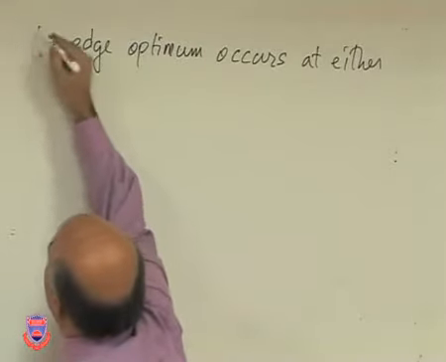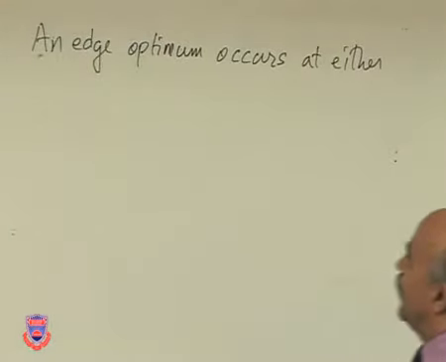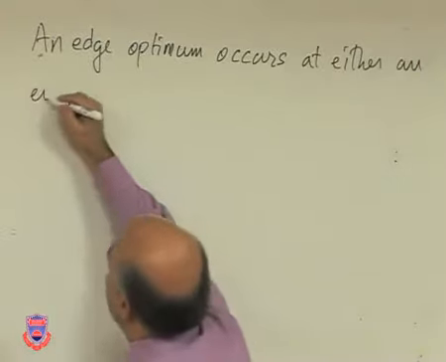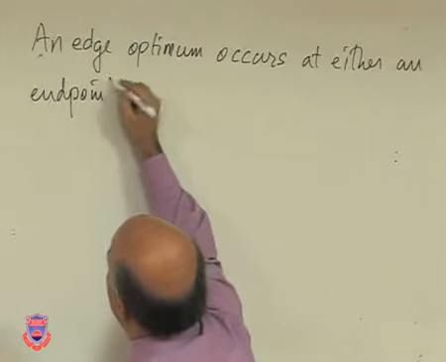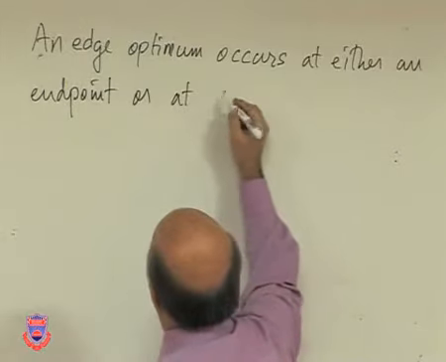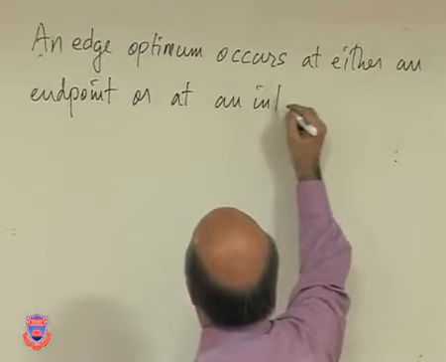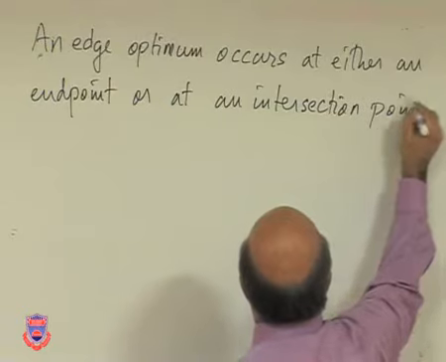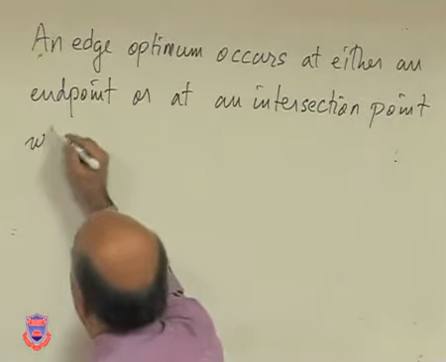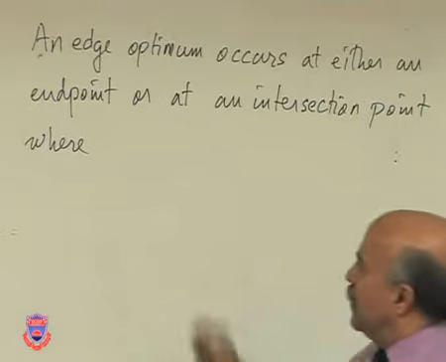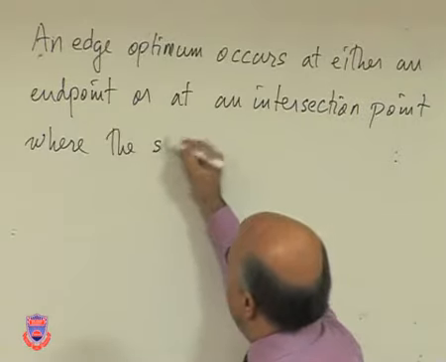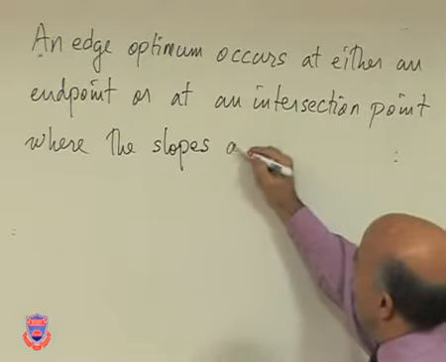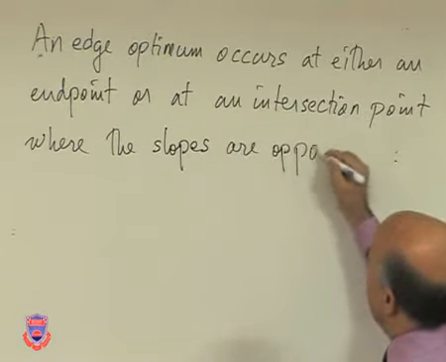Let's make it an edge optimum, because you may have alternate optima. An edge optimum occurs at either an endpoint of the edge or at an intersection point where the slopes are oppositely signed.